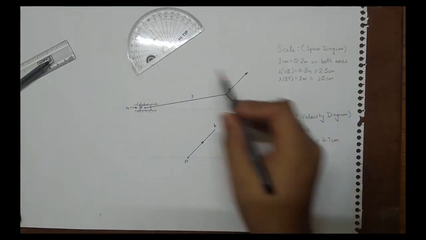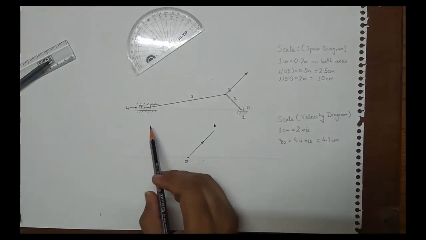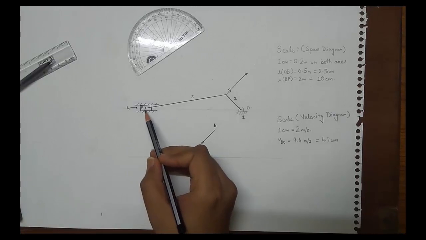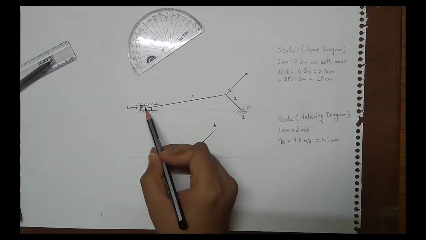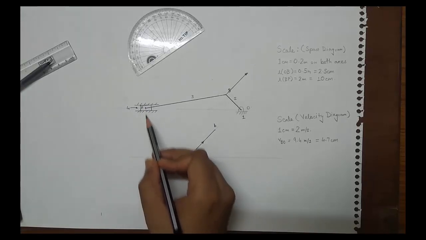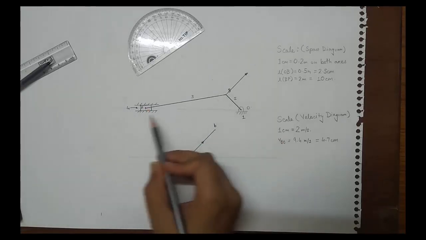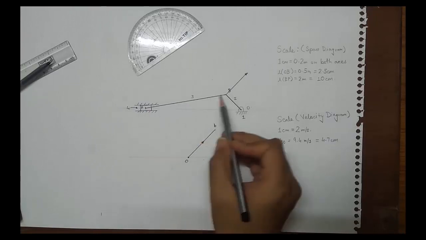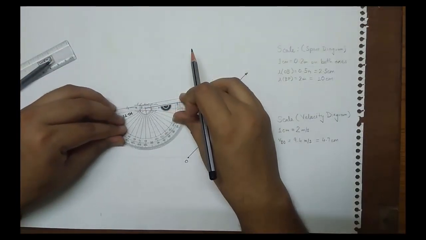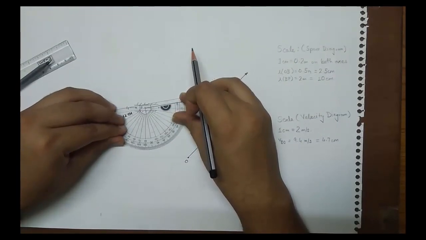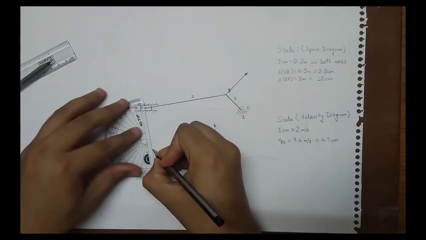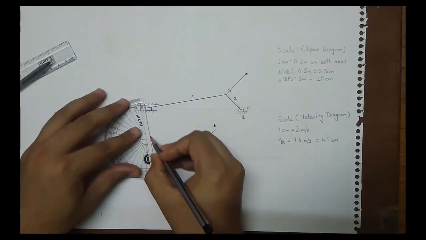All this has been covered in my introduction to relative velocity video. So in this case, the velocity of P with respect to B will be perpendicular to the link BP. So we will draw it over here. This will be the direction of the velocity of P with respect to B.